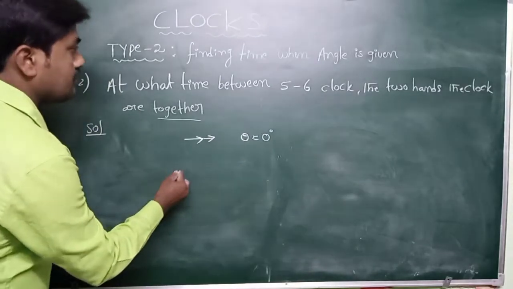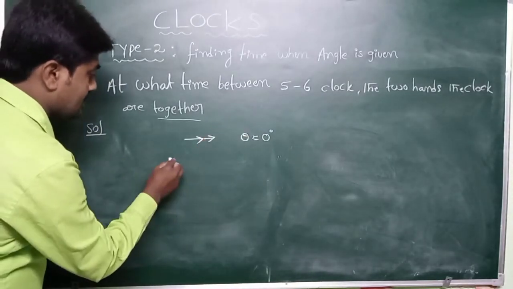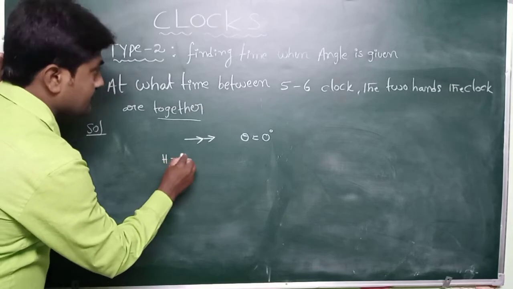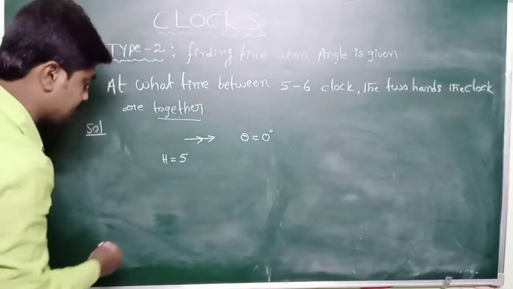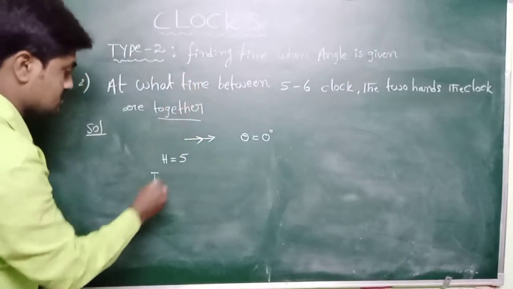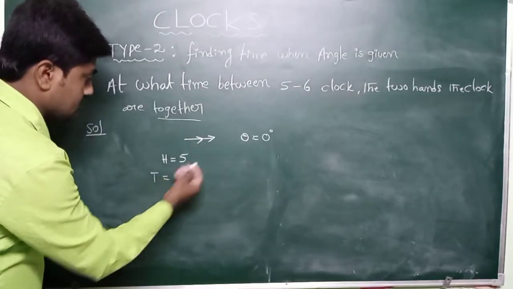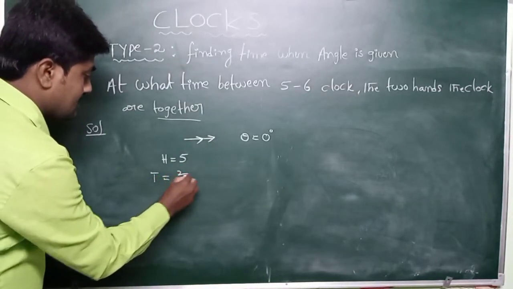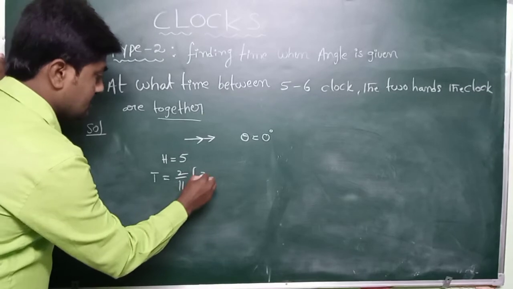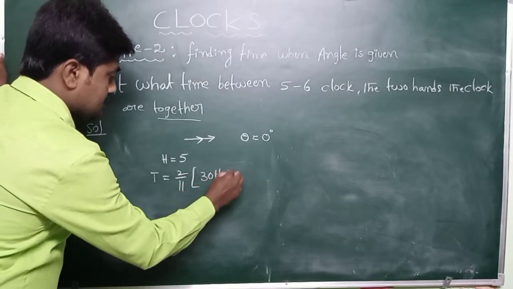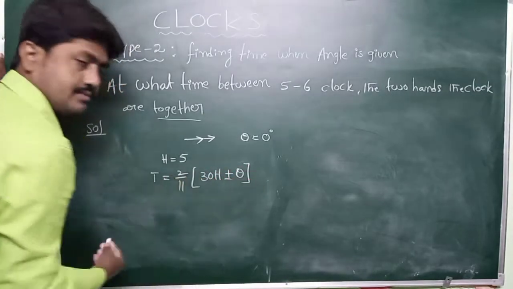Now what is the initial time here? H is equal to 5 hours. What are the possible times? The same formula: t is equal to 2 by 11 into (30h plus or minus theta).